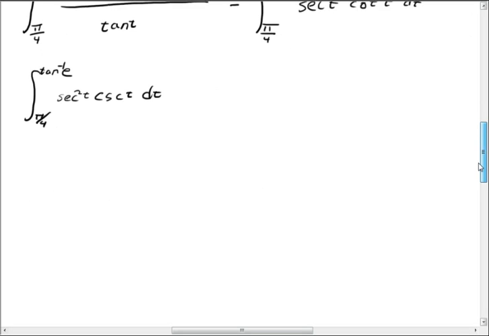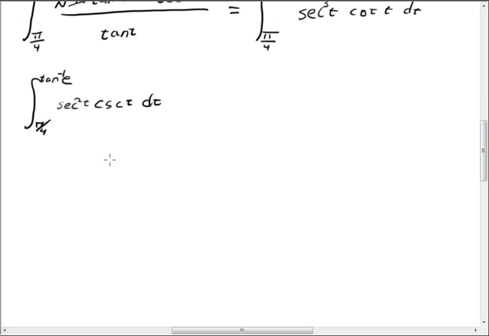And we're now ready to hit it with, what does this look like? Well, integration by parts. So we have u is going to be cosecant t, du is negative cotangent t cosecant t, dv is equal to secant squared t. So v is equal to tangent t.